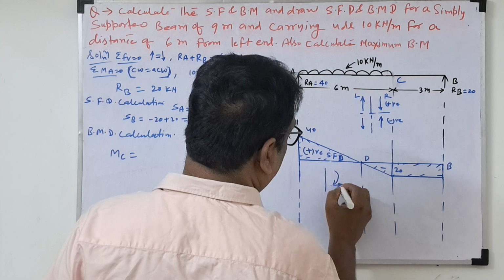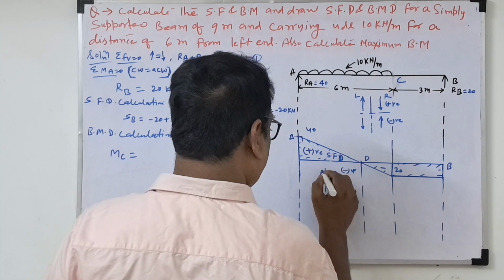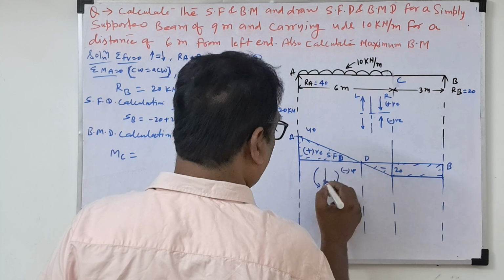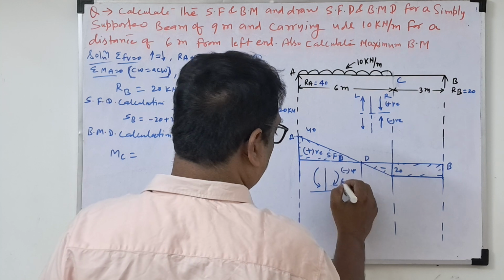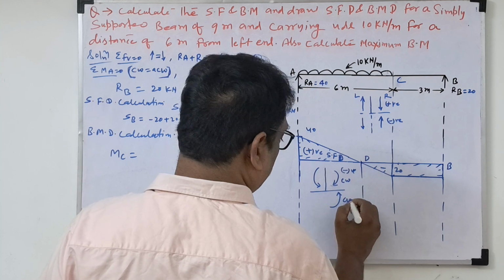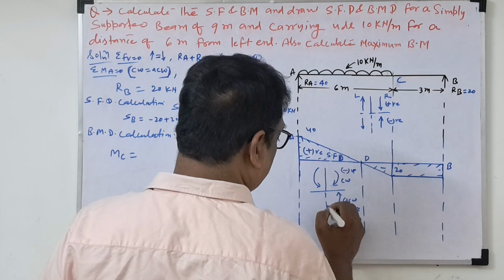Clockwise, negative; anti-clockwise, negative. If we take the reverse, this is clockwise, this is ACW. This side will come plus. This is the section.